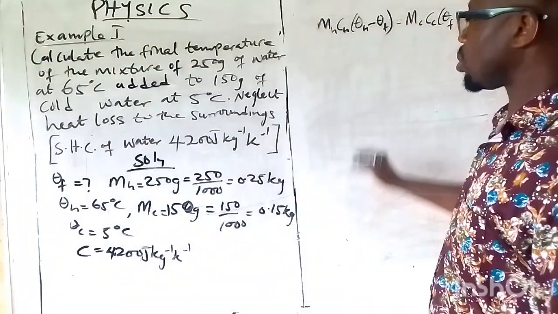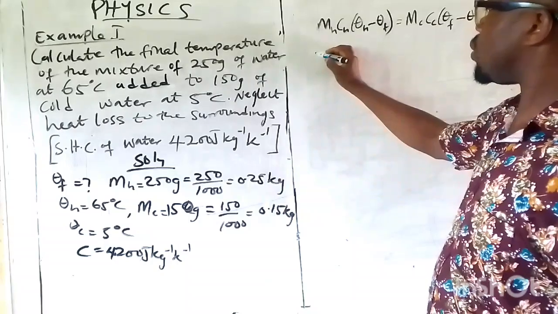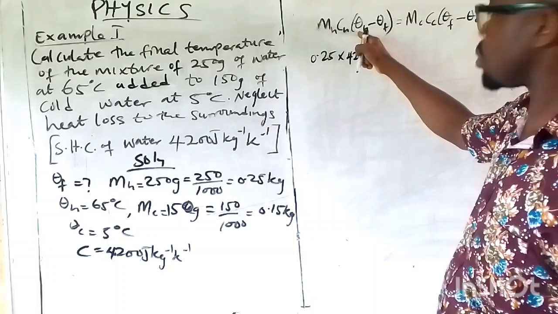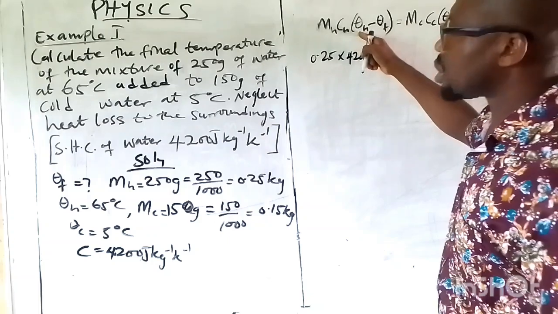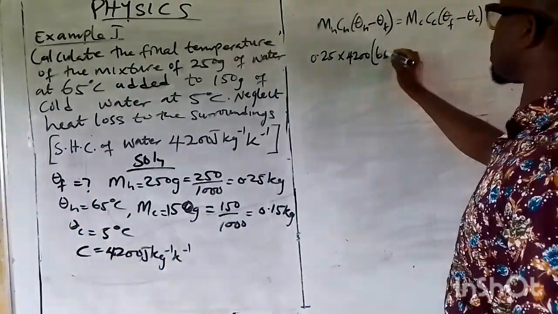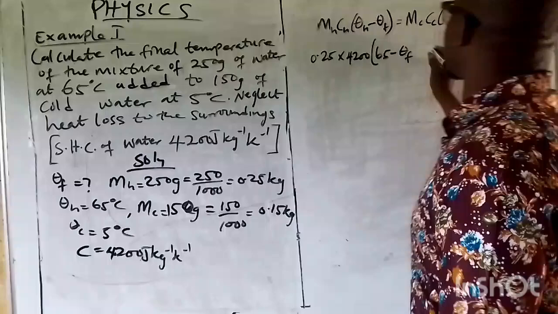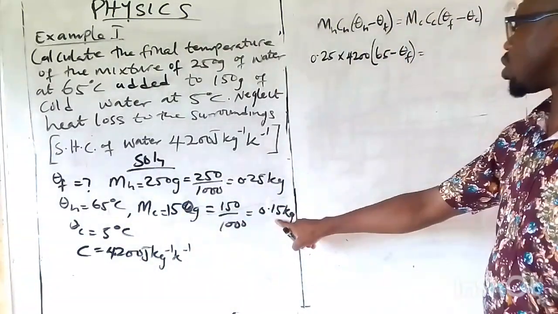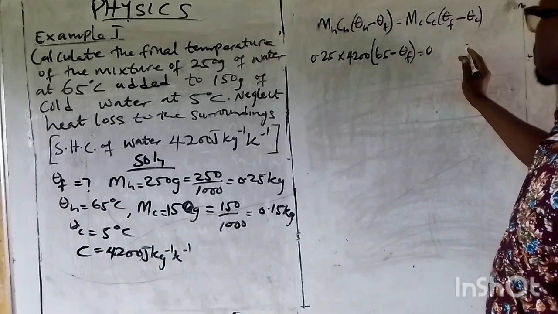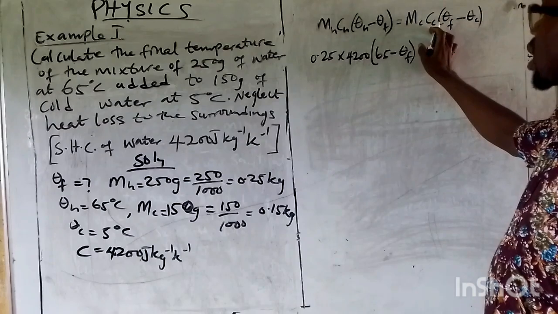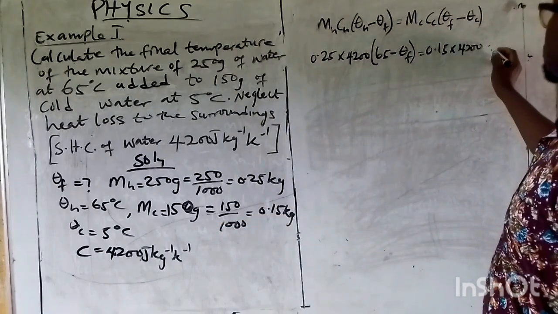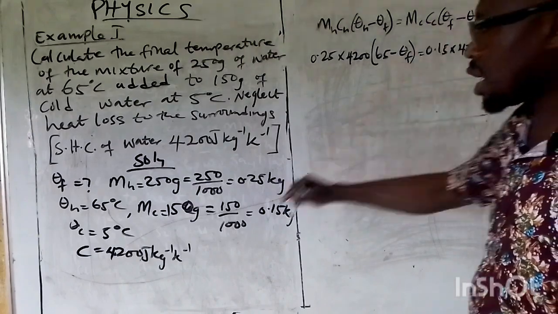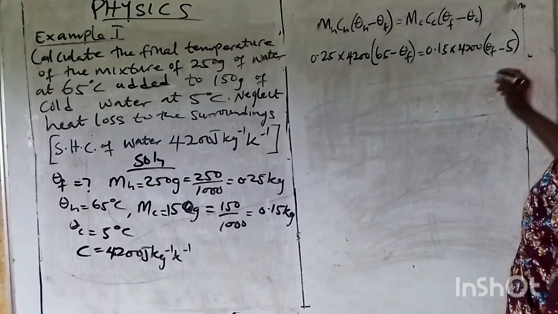So we have 0.25 times 4,200 times (65 minus theta F) equals 0.15 times 4,200 times (theta F minus 5), where 5 is the temperature of cold water in degrees Celsius.